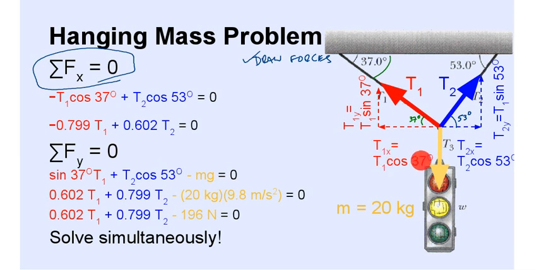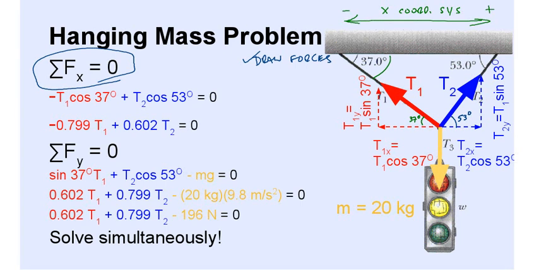But right here, T1 cosine 37, it pulls to the left. So I've put that over here, and I've marked that it pulls to the left with a negative sign. I'm thinking about a coordinate system that looks like this. My x coordinate system is positive to the right, negative to the left.